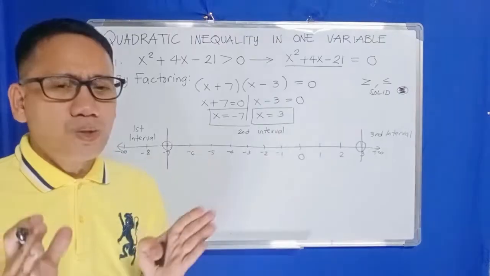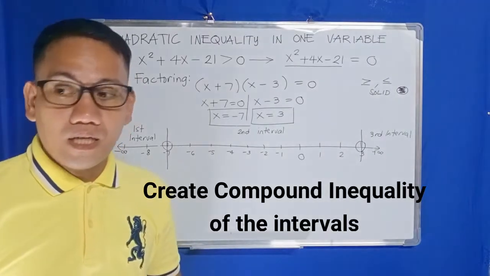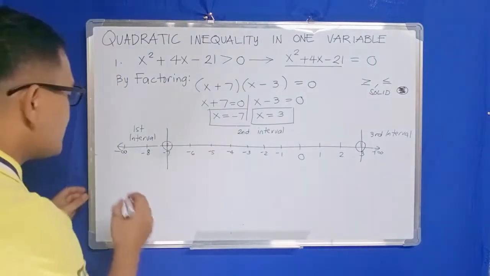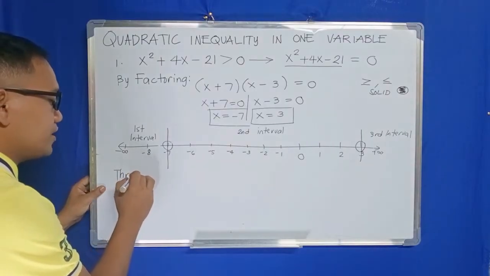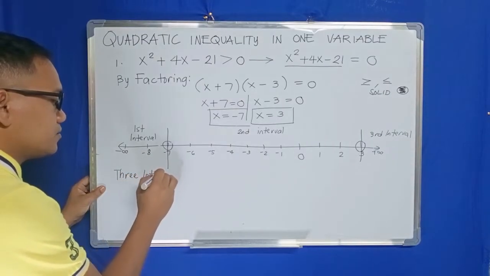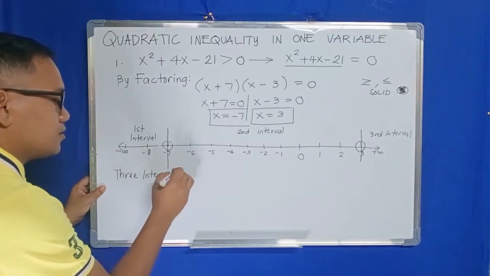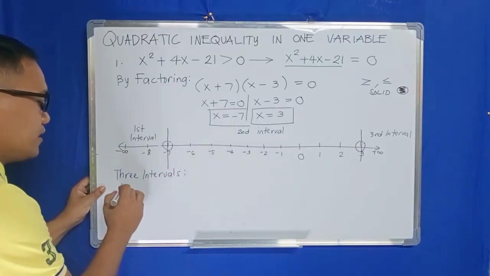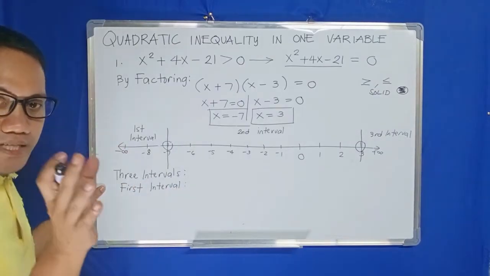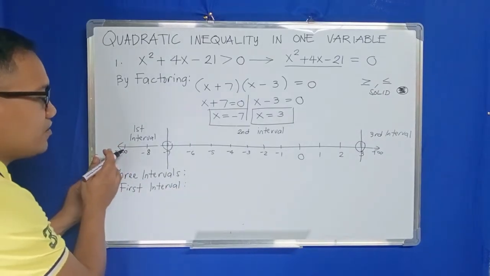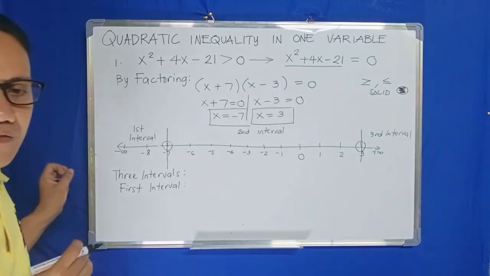With this, let's also create our compound inequality in our intervals. So we have three intervals. Okay, so the first interval represents points between our negative infinity and negative 7.